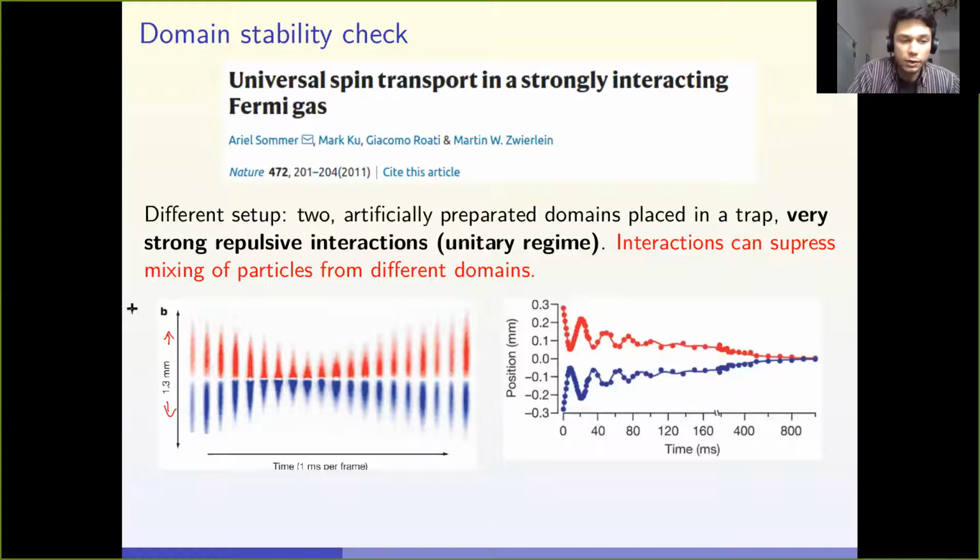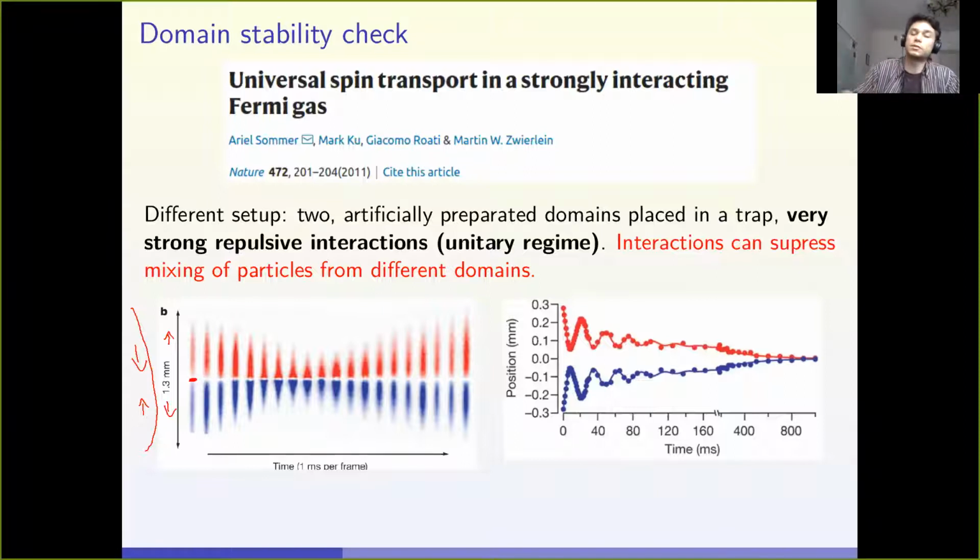Here we have trapping that pushes the gas towards the bottom of the trap. And initially these domains were separated with a high potential barrier. Okay, so everybody can agree that in the initial state we have two domains, and we consider very strongly repulsive interactions. And at time equal to 0, we just switch off that potential barrier in the middle and see what happens, whether this will mix or stay separated.